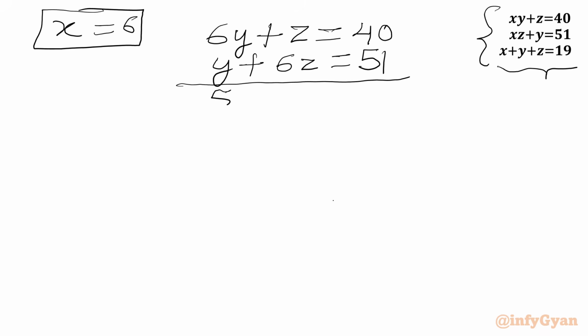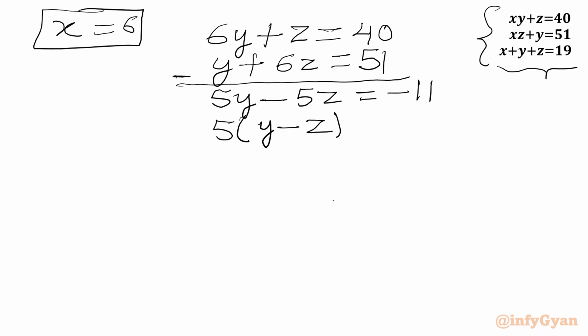So we will get 5Y minus 5Z, 40 minus 51, minus 11. Now we will take 5 common from LHS. So 5 times y minus z equal to minus 11.